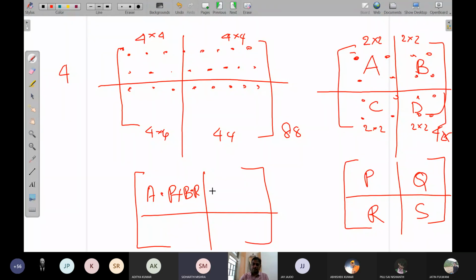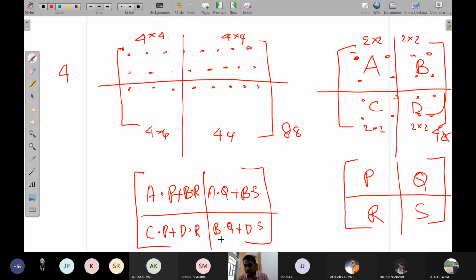First row, second column: A into Q plus B into S. Here C into P plus D into R. Here C into Q plus D into S.